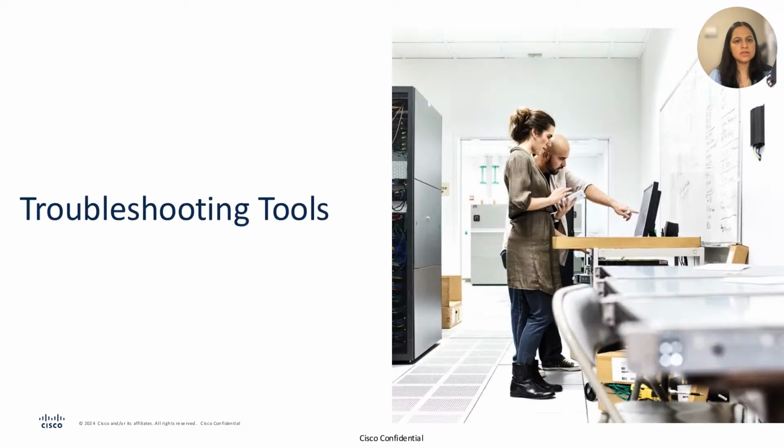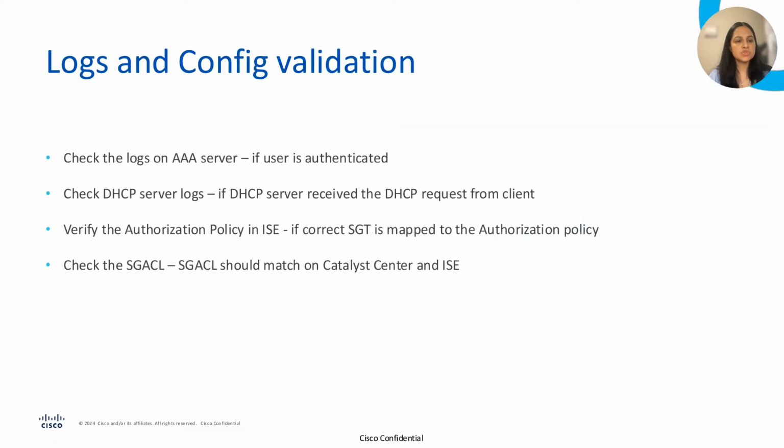Now, these are some of the methods, and let's look at some of the troubleshooting tools. First thing we can do is check the logs. Logs from the AAA server and DHCP server will provide us the details, like if the user is authenticated or not, if the client is able to reach the DHCP server or not, and if the server has already issued an IP address for that client or not.